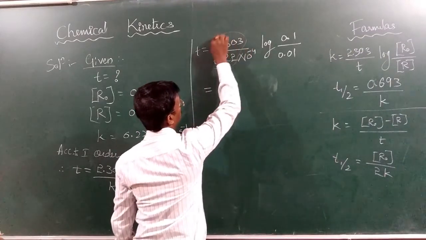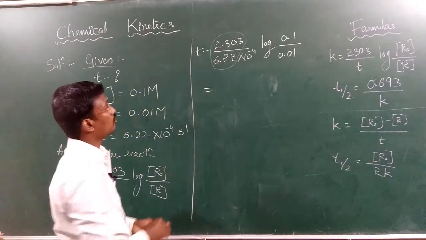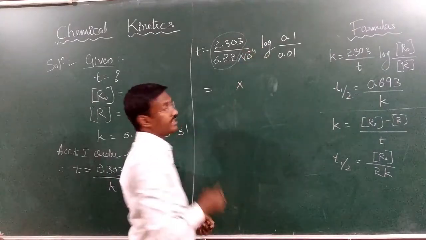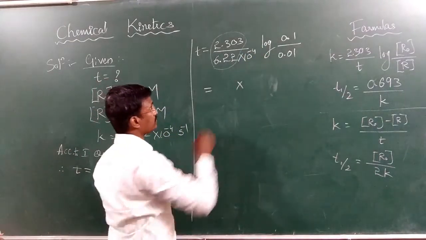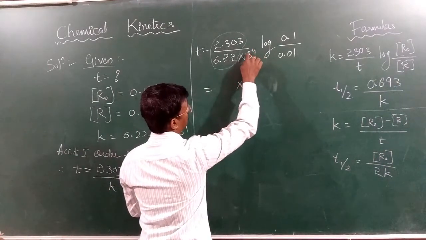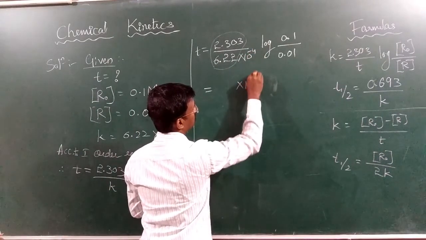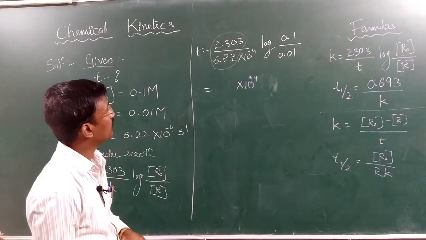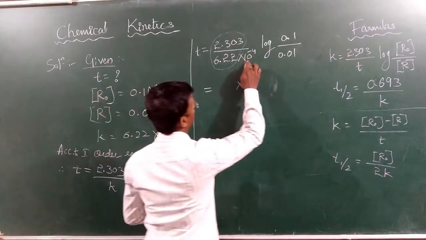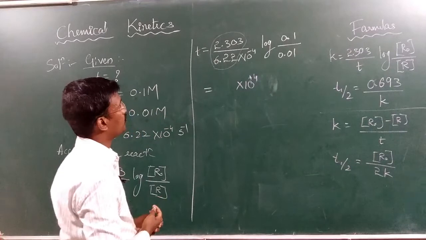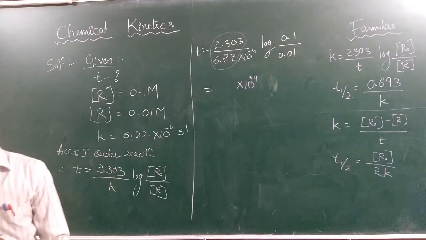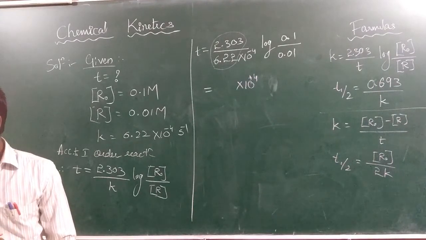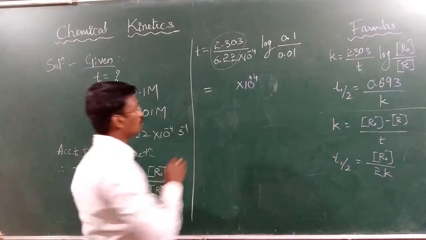Whichever answer you get, you write here, and the remaining 10 raised to minus 4 comes from the denominator to the numerator, so minus 4 is converted to 10 raised to plus 4. And 2.303 divided by 6.22 is 0.37025.